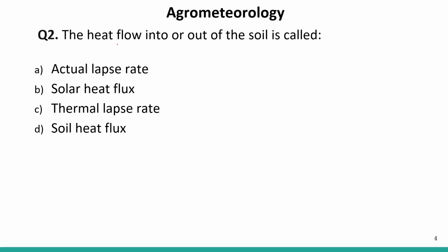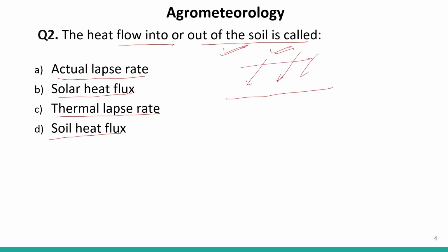Next question. The heat flow into or out of the soil is called. So the options are actual lapse rate, solar heat flux, thermal lapse rate, and the soil heat flux. So the atmosphere is having a warmer temperature, and the soil is here.